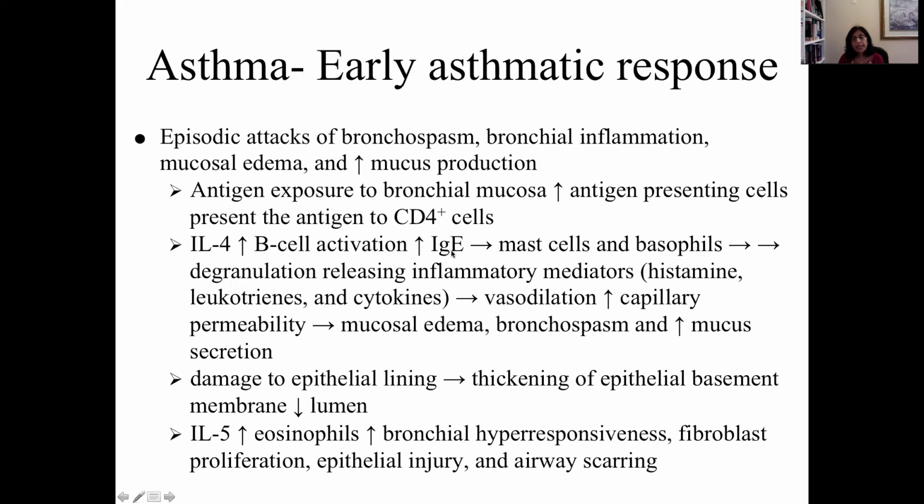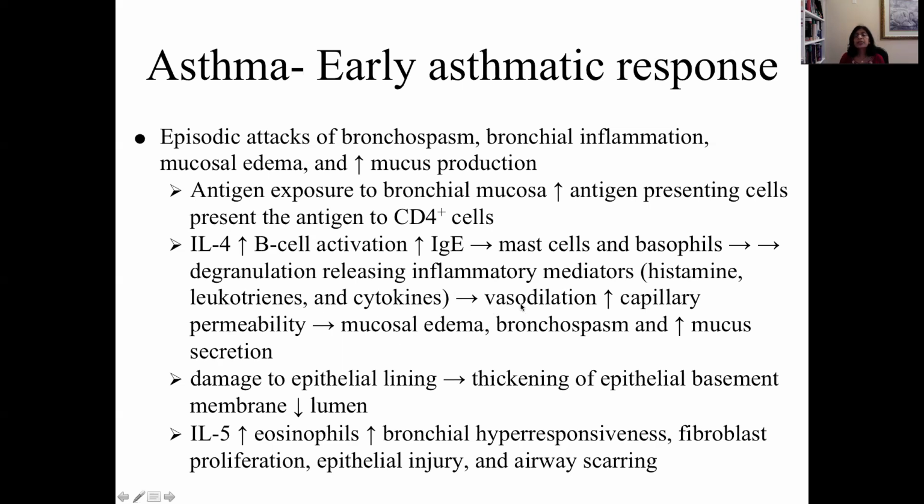So IgE antibody would bind to mast cells and basophils, and that leads to a degranulation. That is, stored chemical mediators are released, and now those could be histamine, leukotrienes, and cytokines.